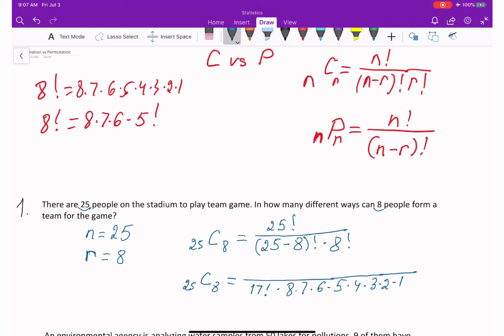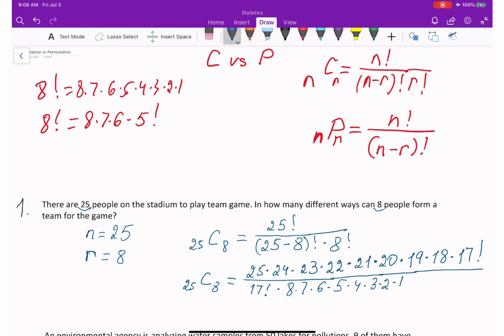And 25 I will open till 17: 25 times 24 times 23 times 22 times 21 times 20 times 19 times 18 times 17. Well, I have had enough of writing these numbers.